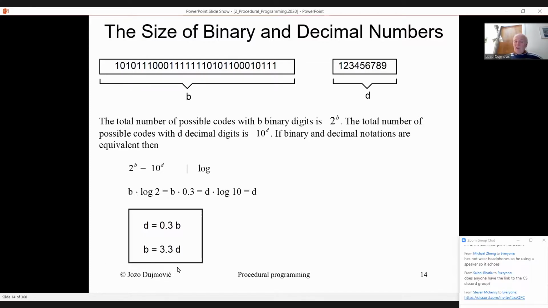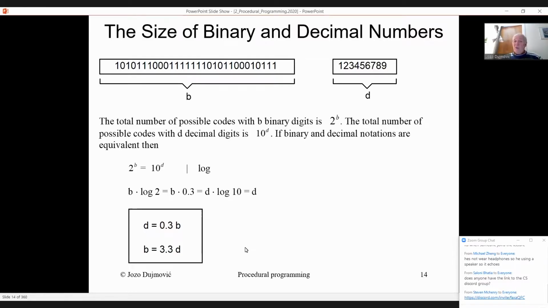So if you ask me, can I put a 10-digit number inside the 32-bit word of my computer, I will say 10 times 3.3 is 33, and you have 32 bits in your memory word.